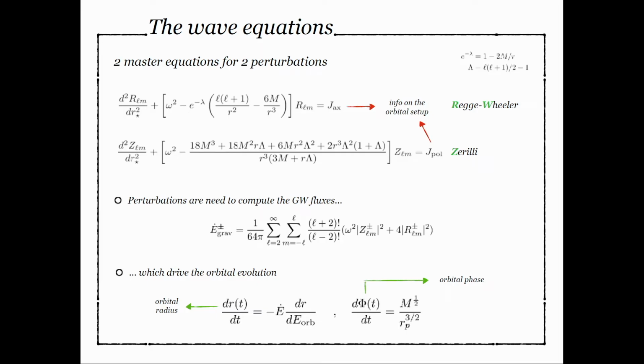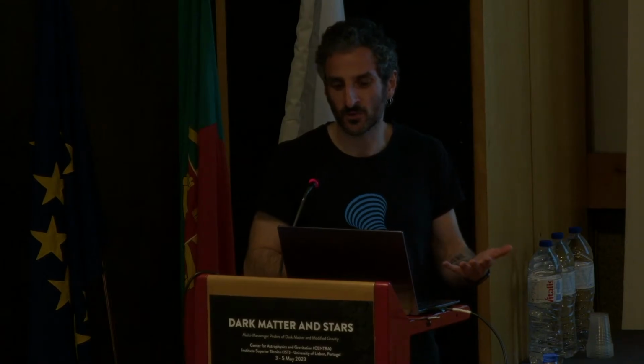You solve this perturbation here, and you want the axial component and the polar component, because then they tell you the fluxes emitted by the binary at infinity and at the horizon. You need the fluxes because they go into the dynamical equations for the orbital phase and the orbital radius of the binary. This is what we do in vacuum GR, and this is what we're going to do in non-vacuum GR, so assuming matter.